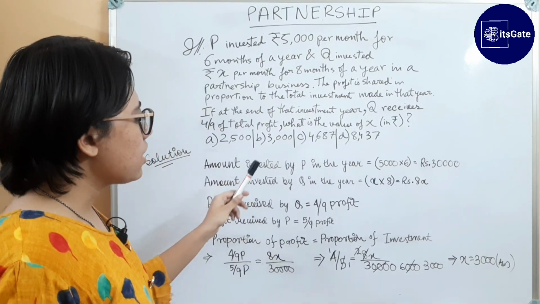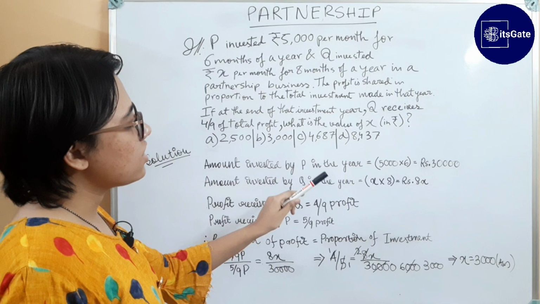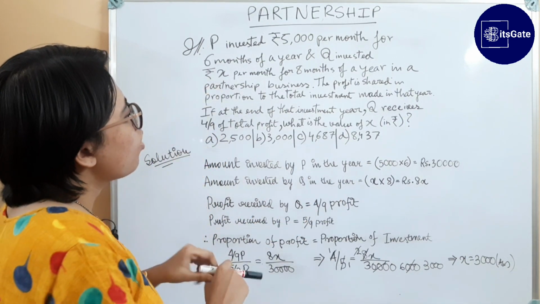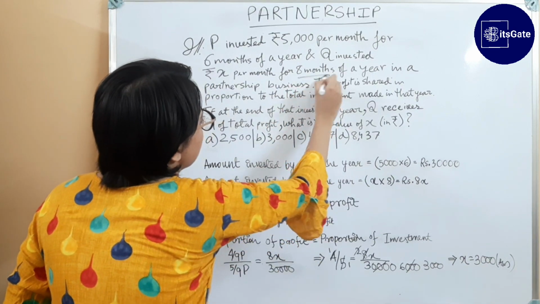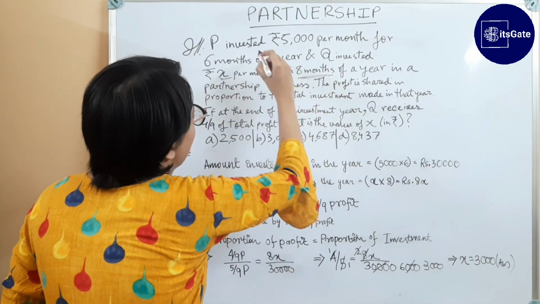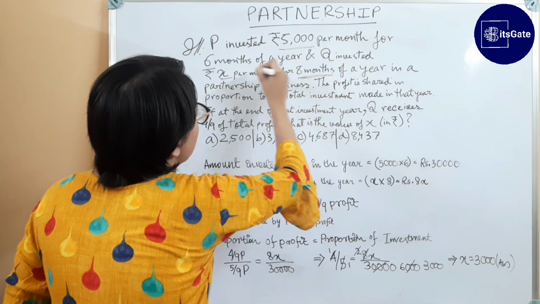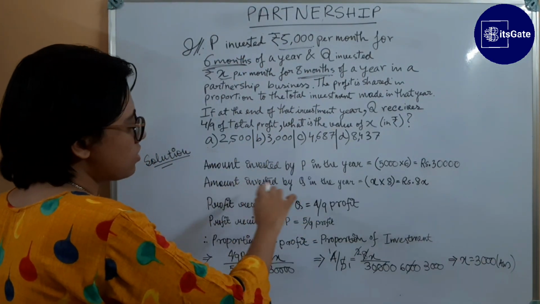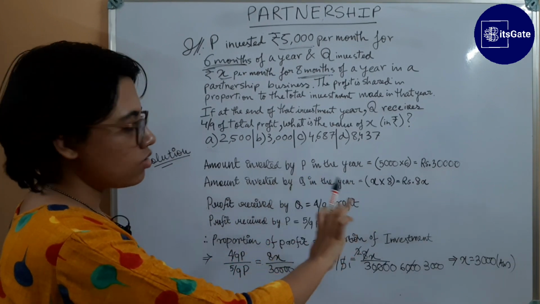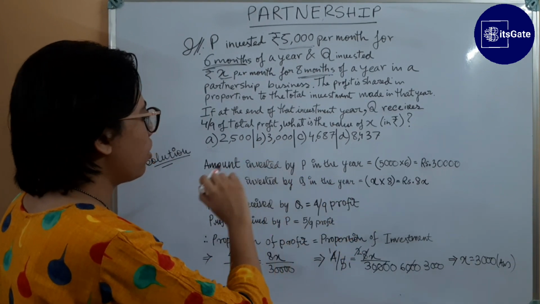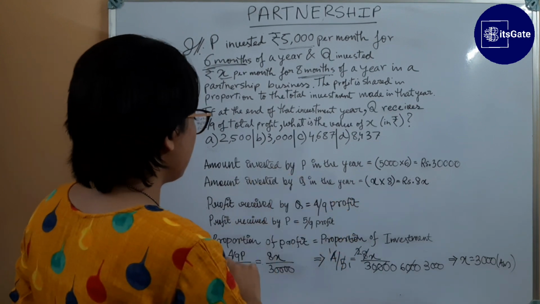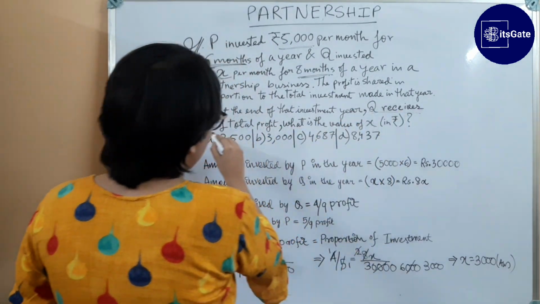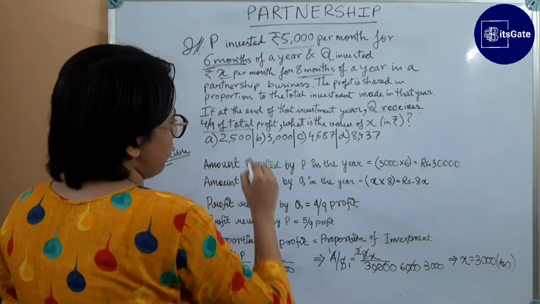Now the amount invested by Q in the year is X into 8 because Q has invested rupees X per month for 8 months. So the amount invested by Q in the year is rupees 8x, and for P it is rupees 30,000. Now in the problem we can see that Q receives 4/9 of the total profit.